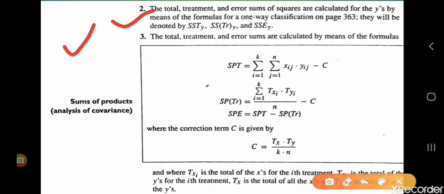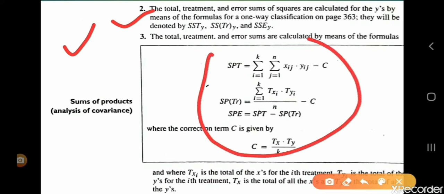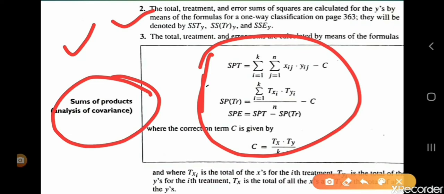Next we will calculate the sum of products by using this formula. These are the new formulas, the term sum of products is new, so we have given the formulas here. But for these x and y values, we'll use the previous formula as we have used in analysis of variance.